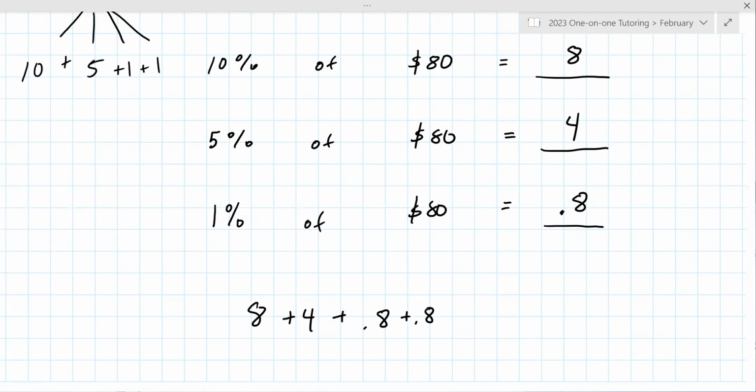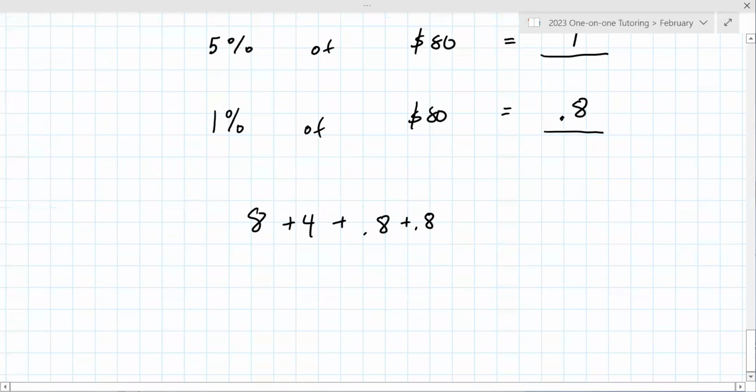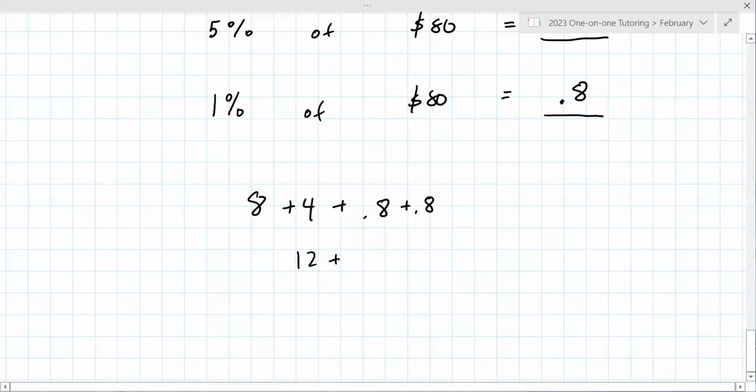I think you got a little bit off there because you said it right. It's 12 plus 0.8 plus 0.8, and 0.8 plus 0.8 is 1.6. Okay. Yes. So 13.6. Very good.